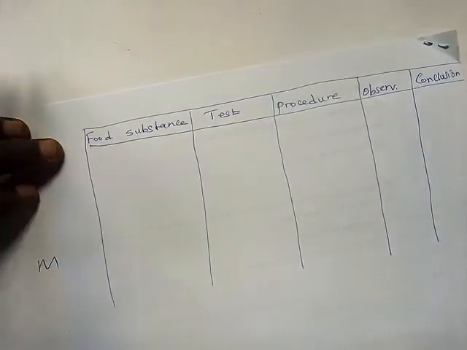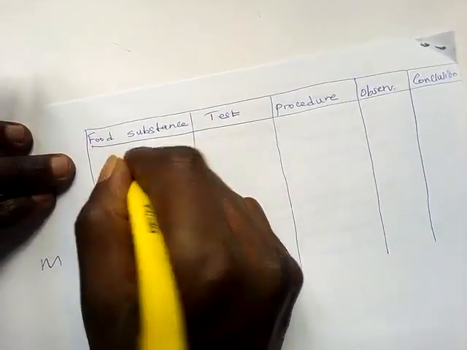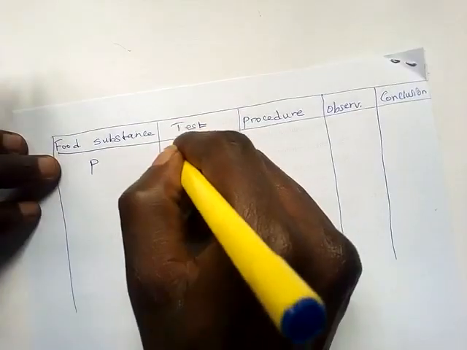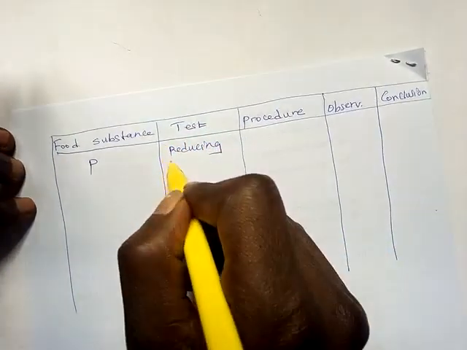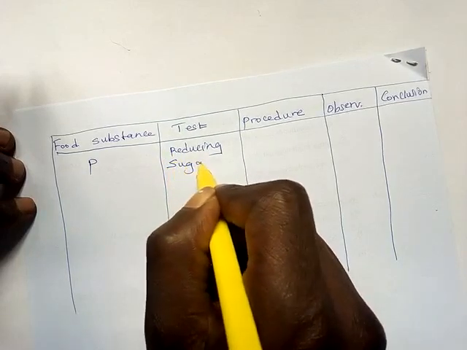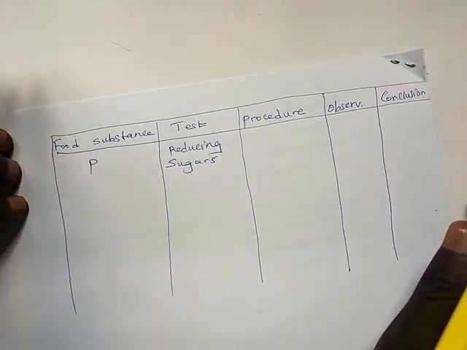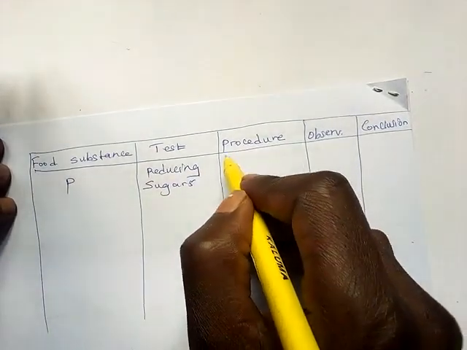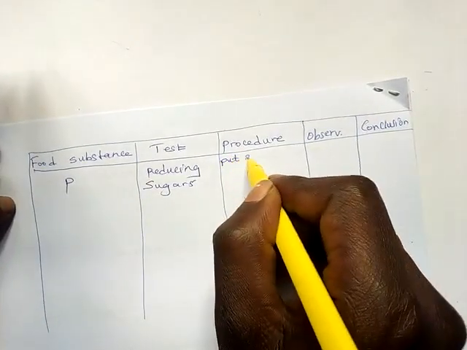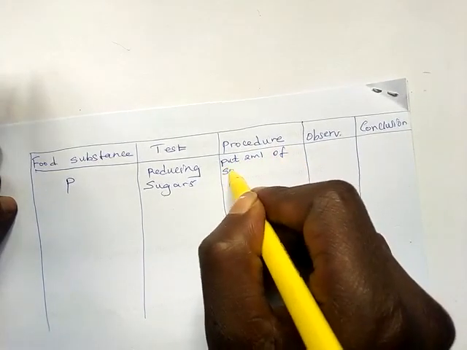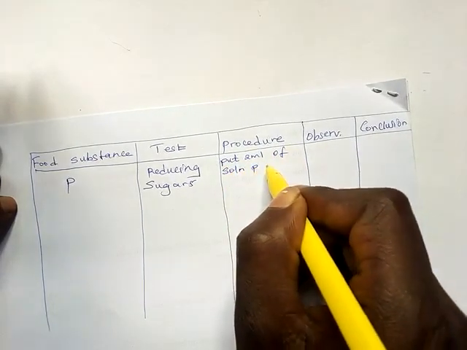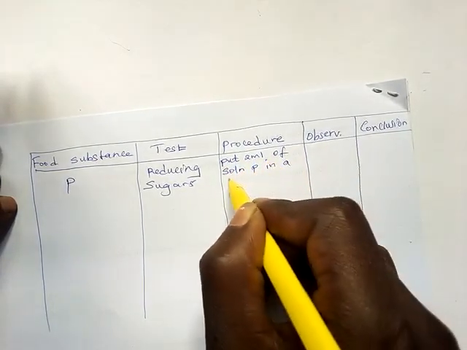Let's start with food substance P. We test for the reducing sugars. Now here the procedure is: put 2 milliliters of solution P in a test tube.